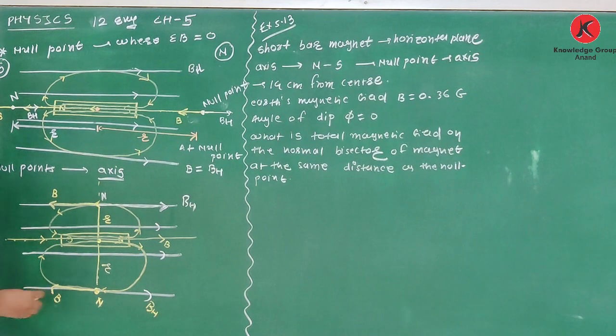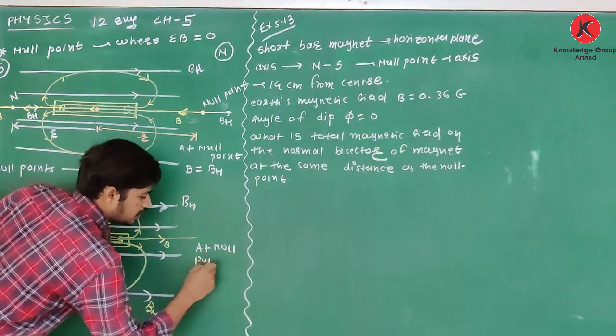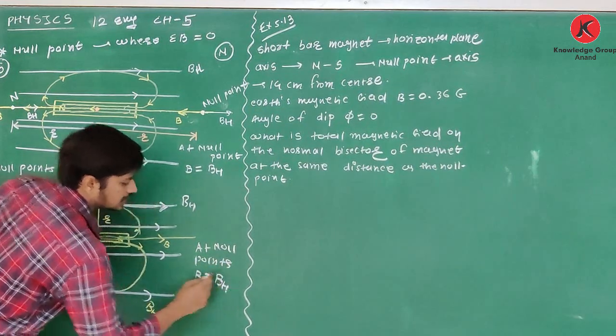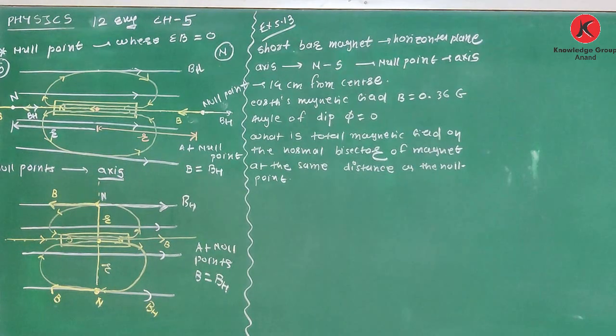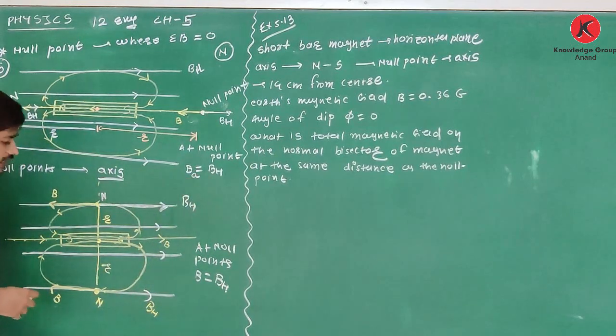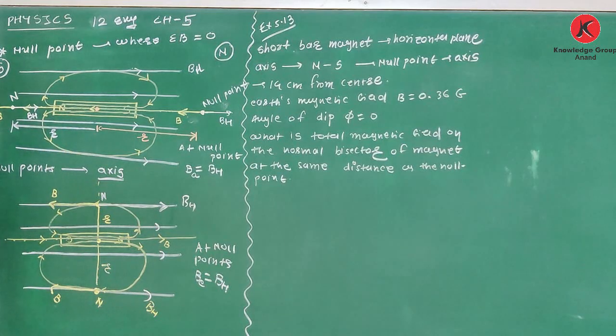And again at null points, I can write B is equal to BH. Clear about this? If null points are obtained on axis, I can write BA, the magnetic field on axis, equals BH. If null points are obtained on equator, I can write BE is equal to BH.